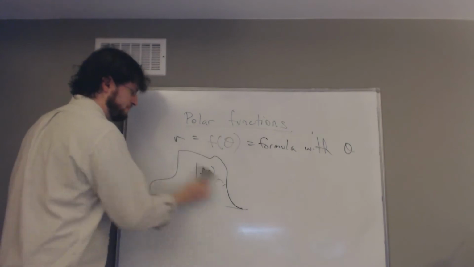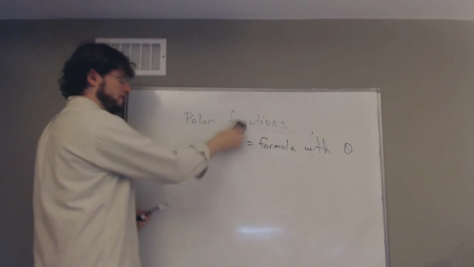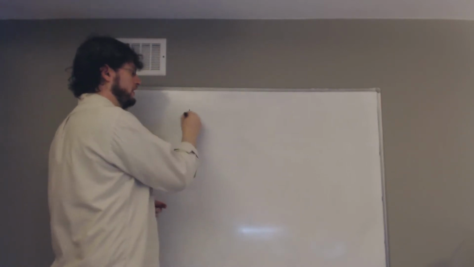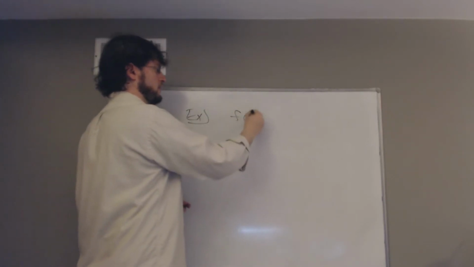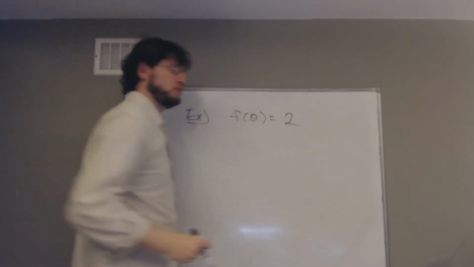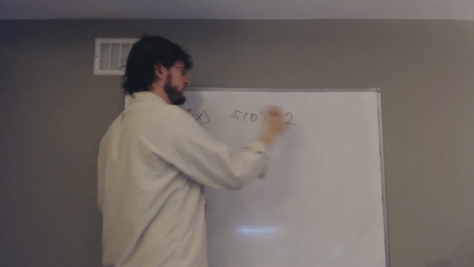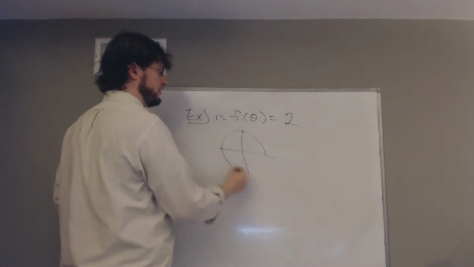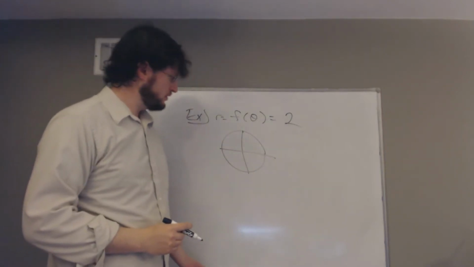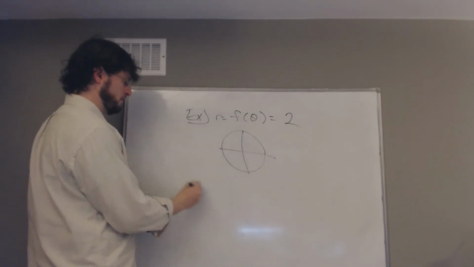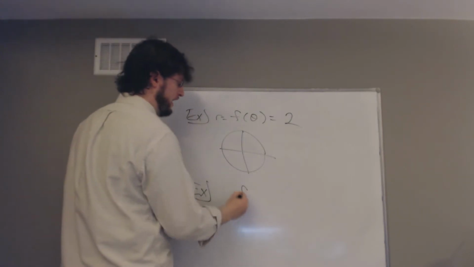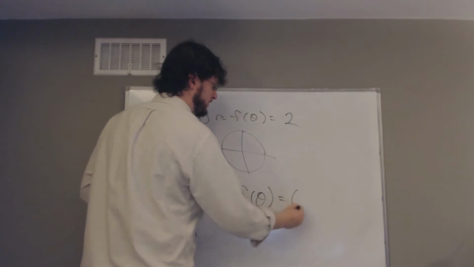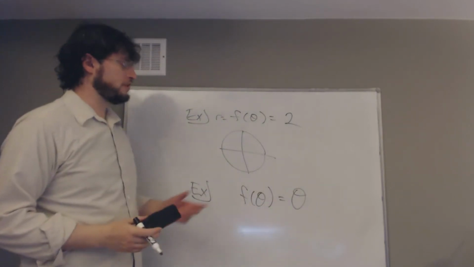So for example, from some of the things that we saw before, if f of theta is just 2, this means that the radius is 2 at all angles theta, so I have a circle of radius 2. If I had f of theta is theta, what does that mean?